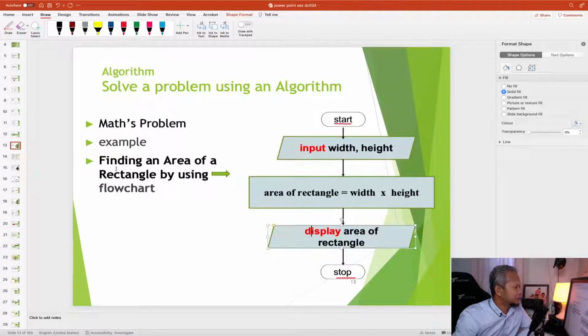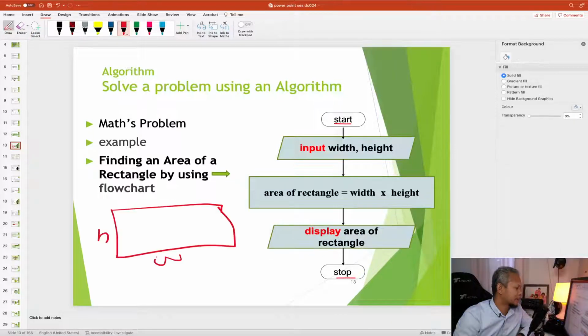So you need to find the area of this rectangle. For the mathematical formula, usually we are using height and then width. So area of a rectangle, this is the formula.